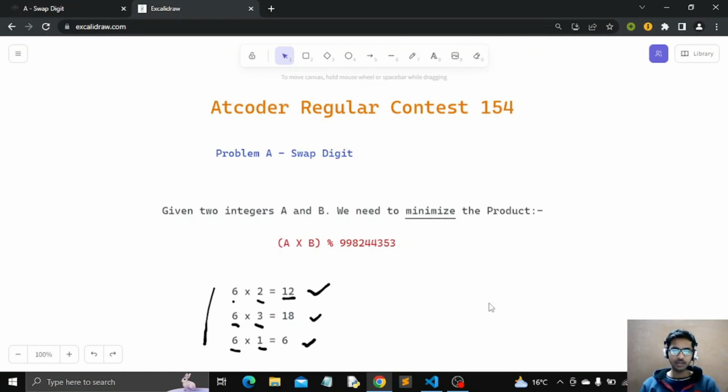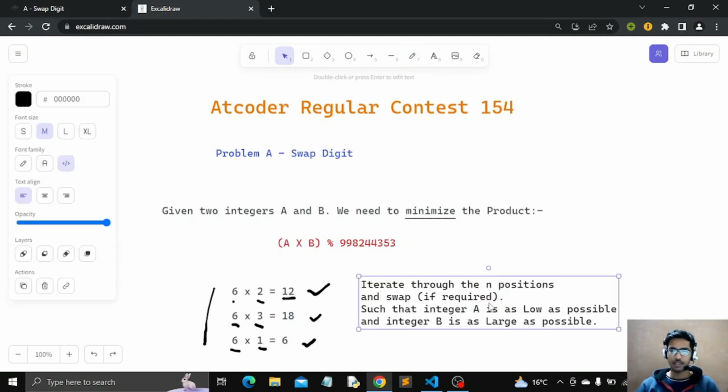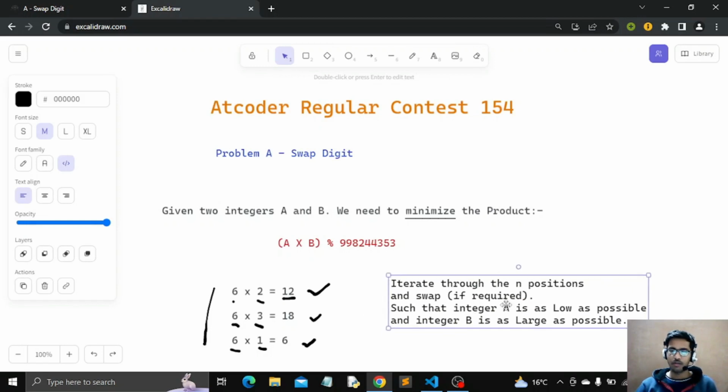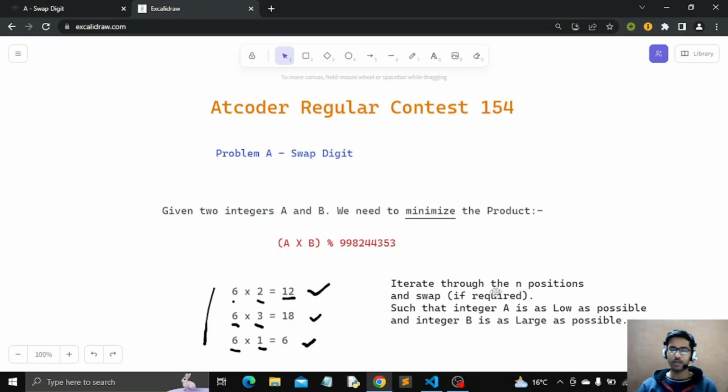So basically the approach is this. We are going to iterate through the n positions, and we are going to swap the digits present at that position of the two integers, such that integer a becomes as low as possible and integer b becomes as large as possible.